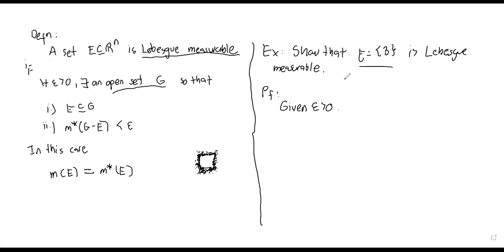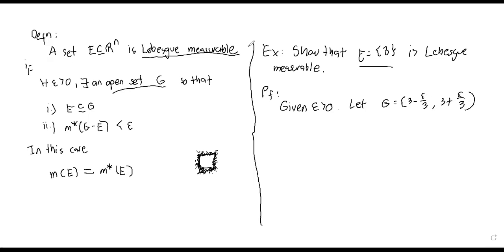Okay? So para mas madali, ang kunin natin yung neighborhood niya. Okay? So let's say our G is equal to (3 minus epsilon over 3, 3 plus epsilon over 3).